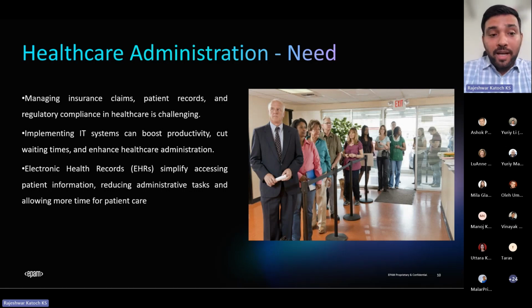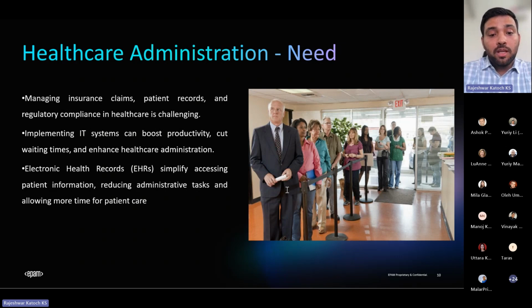One of the greatest boons is that IT systems have started boosting productivity, cutting waiting time, and enhancing healthcare administration. The major part is the implementation of EHRs, the electronic health record systems. Once EHRs were implemented, the average patient stay at the hospital was reduced by 53 minutes.